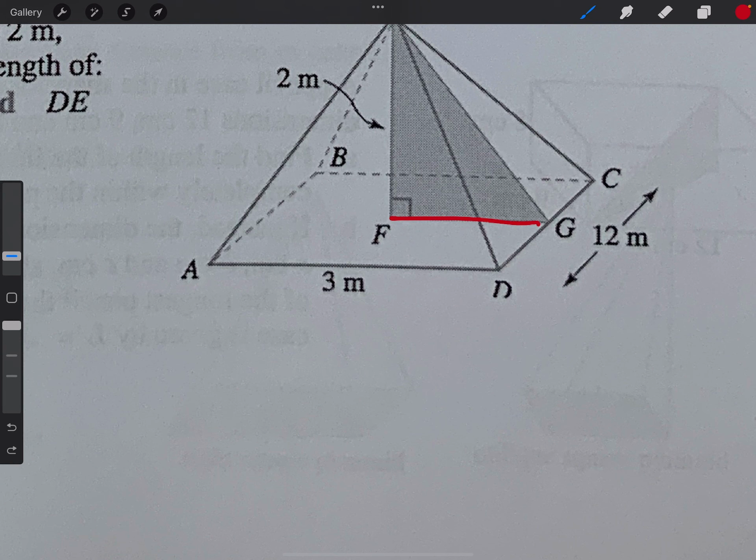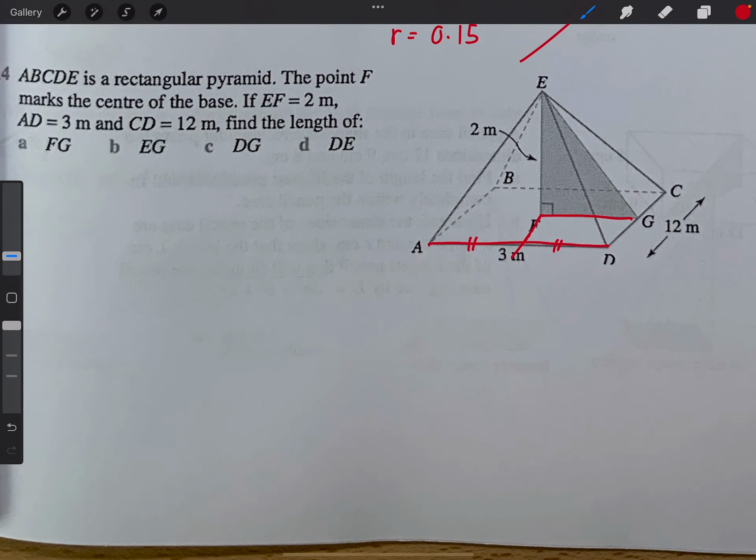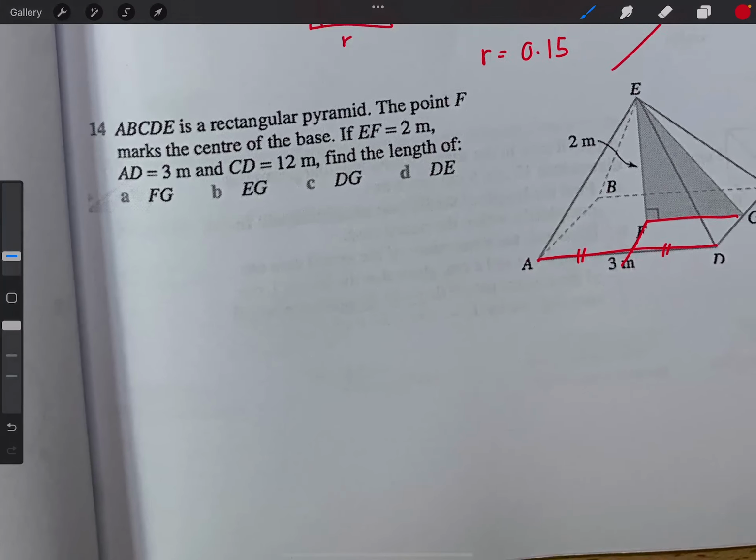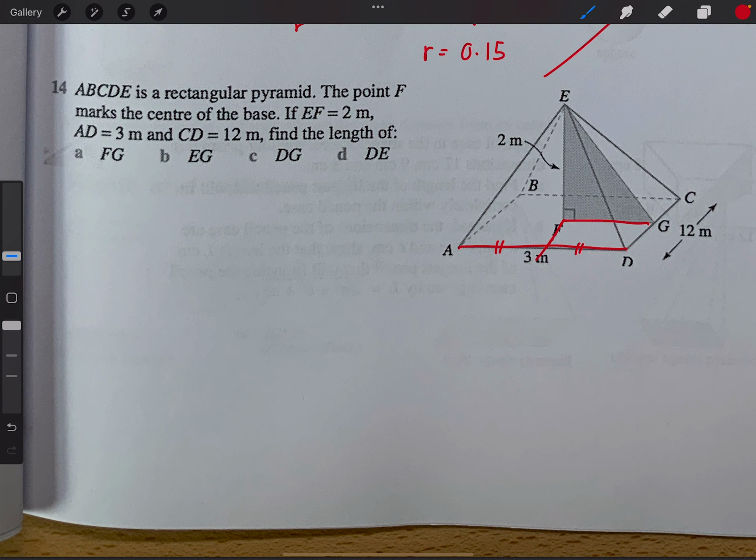This FG is going to be half of 3. When you draw a line there, this will cut it in half. Okay, half of 3 meters will be 1.5 meters. So therefore, this will be 1.5 meters.